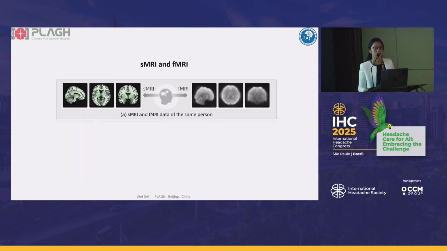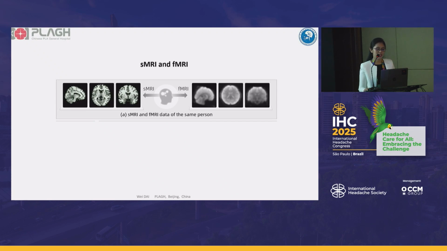And here is the structural MRI image and the functional MRI image of the same person. On the left, we can see the sMRI provides three-dimensional images of brain anatomy. The fMRI provides four-dimensional data that include a series of three-dimensional brain volume images acquired along the temporal dimension.